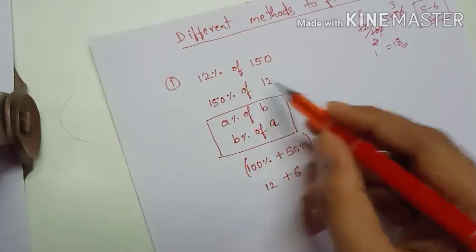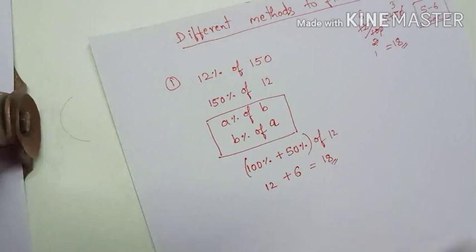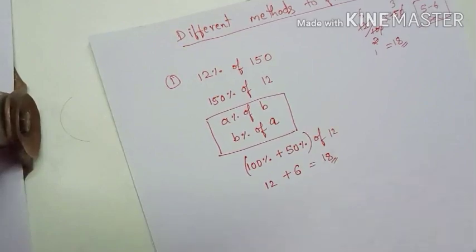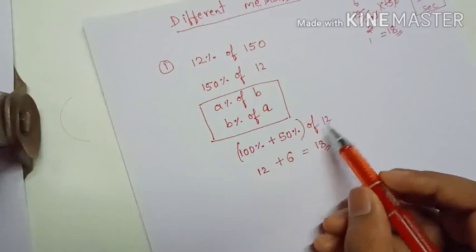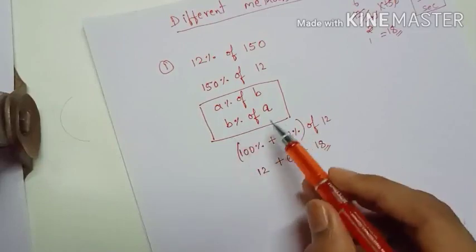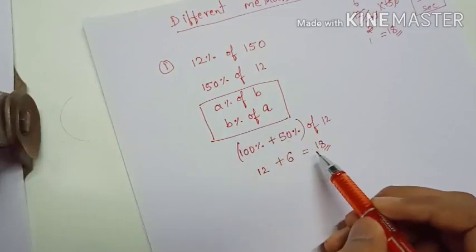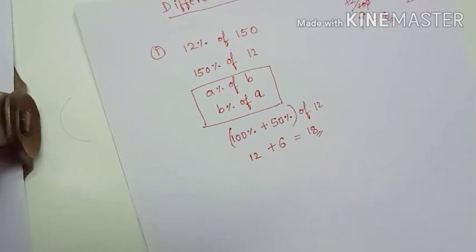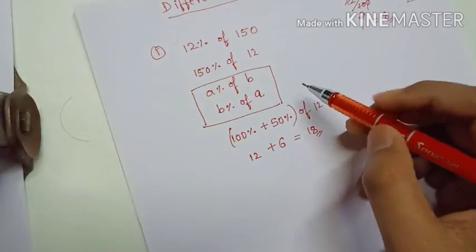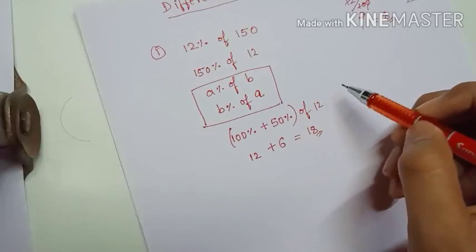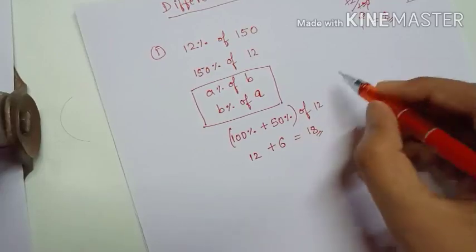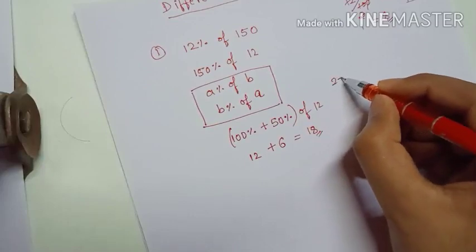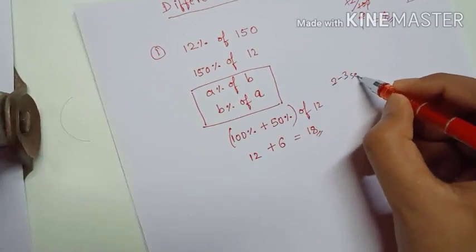This could be done in your mind itself, but for your understanding I am giving this example. Clearly 100% plus 50% is 150%, so 12 plus 6 is 18. Of course it takes more than 6 to 7 seconds now, but once you practice this, you can do the same problem within 2 to 3 seconds.